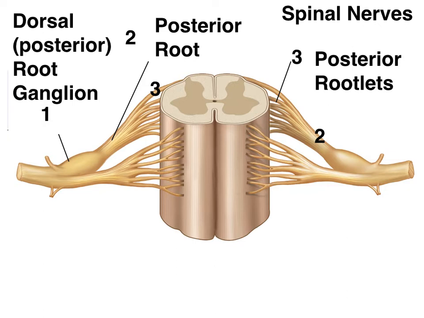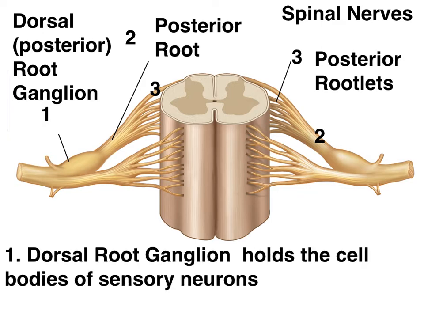While the anterior had motor neuron axons, the posterior has cell bodies of sensory neurons. These can be both somatic or autonomic sensory neurons, but they are held within the dorsal root ganglion, and then their axons combine into the posterior root, number 2, and then they continue on into the posterior rootlets before they connect to the spinal cord.